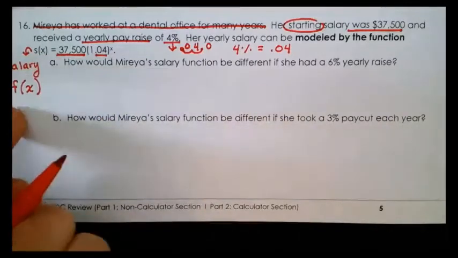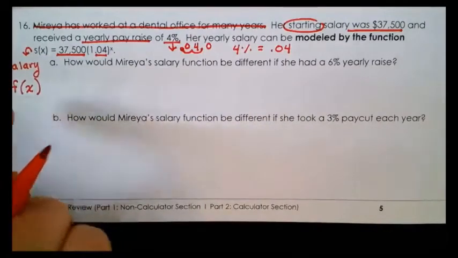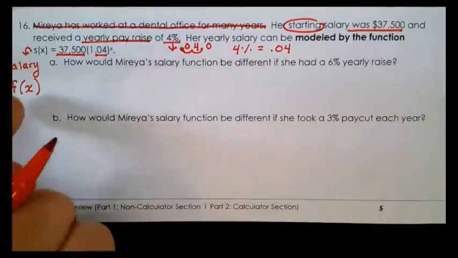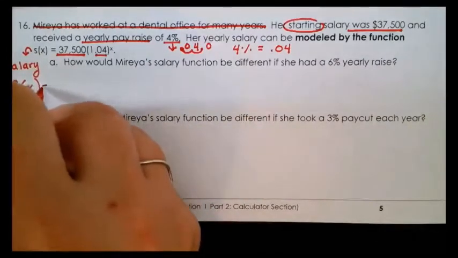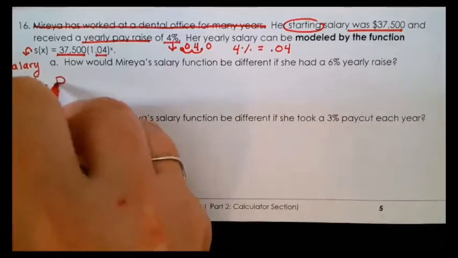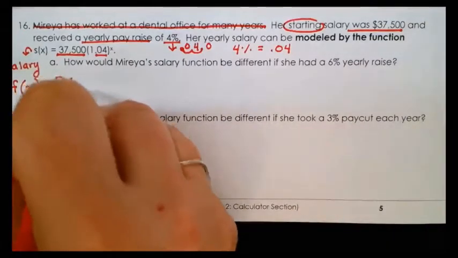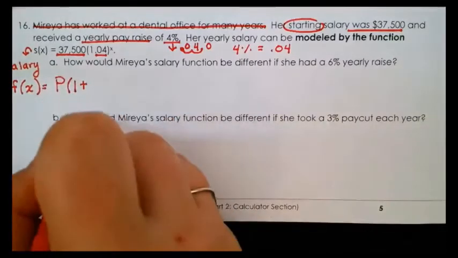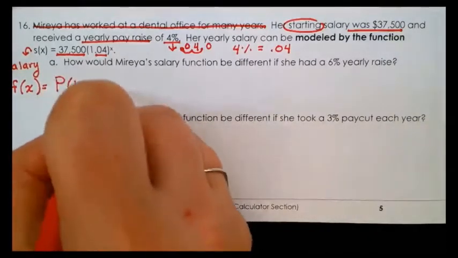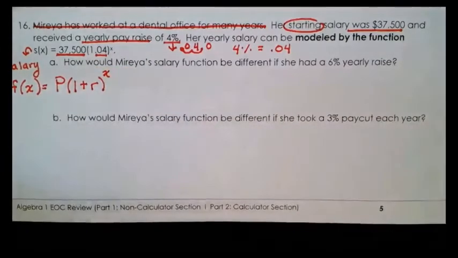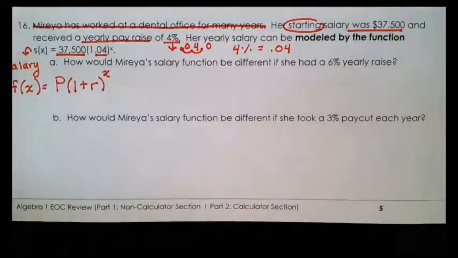S for salary like they did, R, P, whatever they want to use. Profit sometimes uses the letter P. So f of x equals your principal amount, your starting amount, times 1 plus your rate as a decimal to the x power. Now I want to put some notes into here.